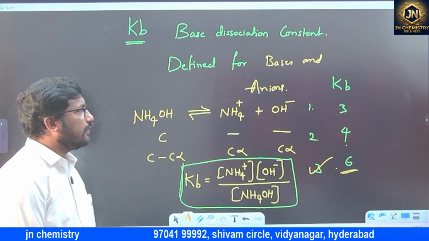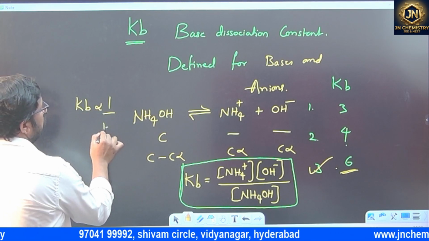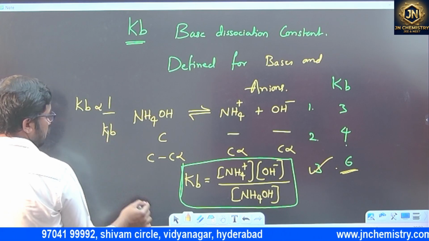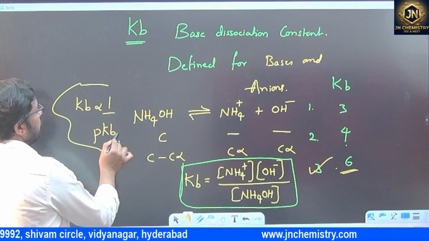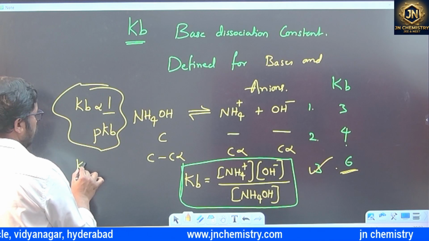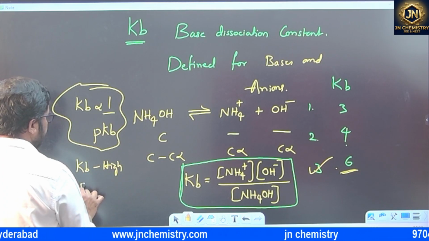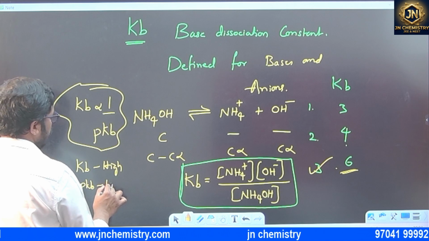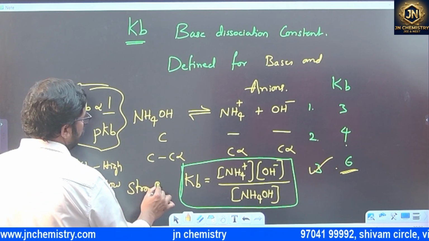6. Kb is inversely proportional to pKb, sorry. If the Kb is high, pKb is low, meaning that is a strong base.